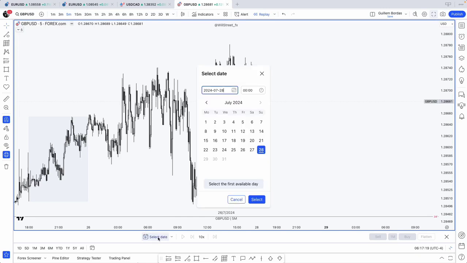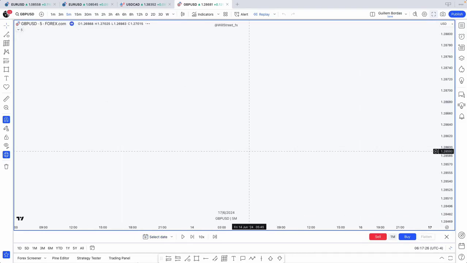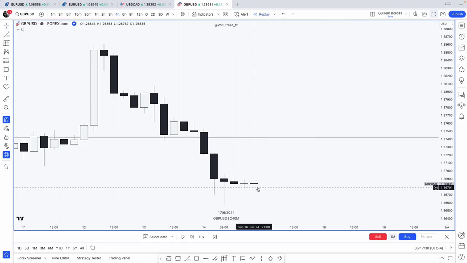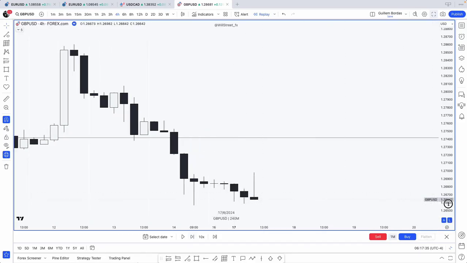which will be on GBP. Here. Look at this.